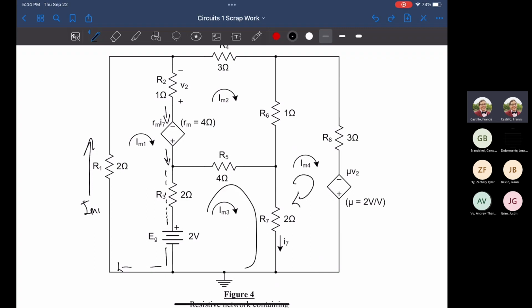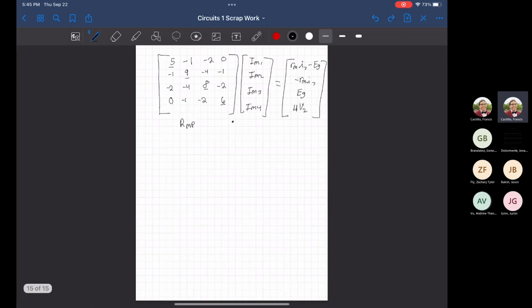Mesh 3: this one is, since the convention for EG follows our mesh direction of current flow, so make that positive. Same thing for mesh 4: current is flowing into the negative and coming out of the positive node of our dependent voltage source, so that's also going to be positive. So this is our current map, where this is I of n and this is E of n.